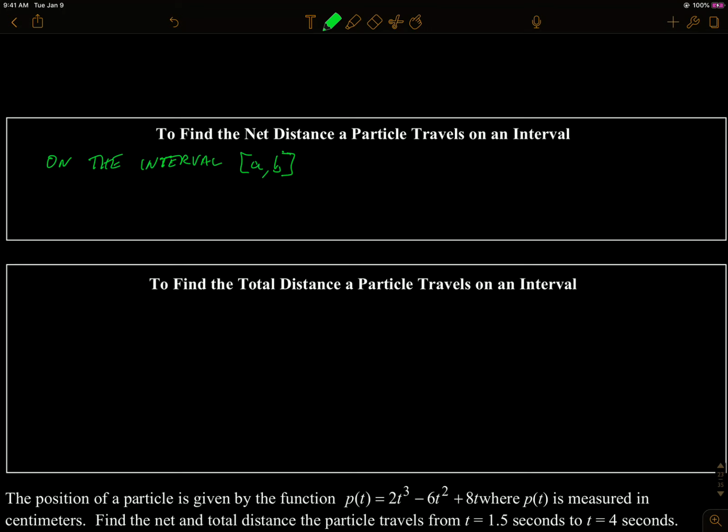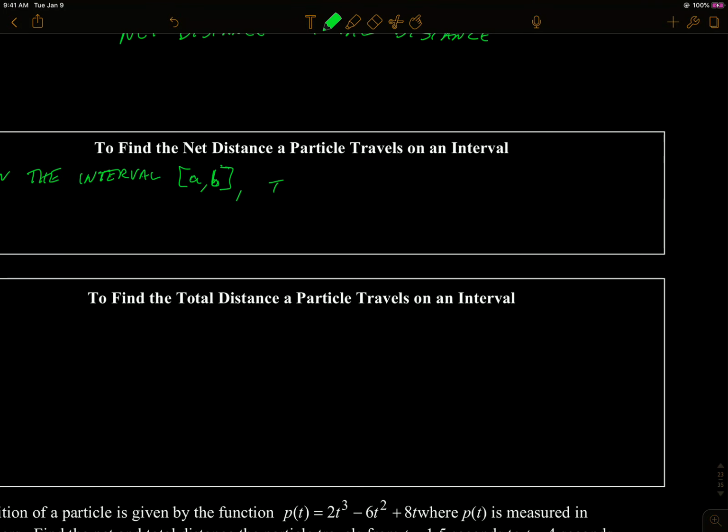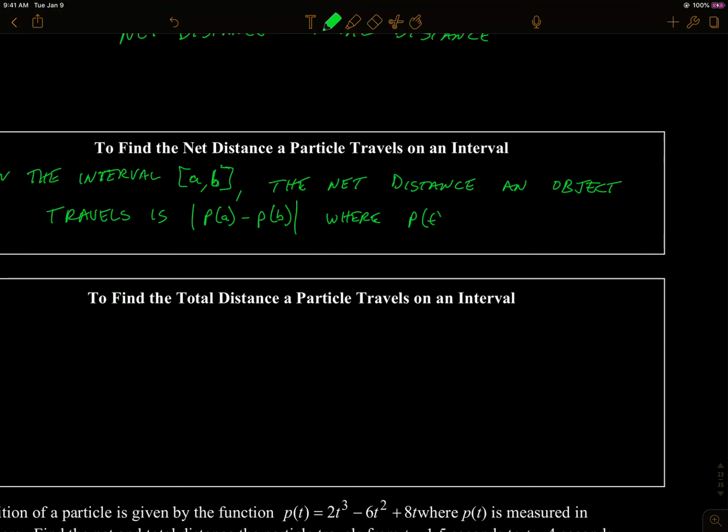On the closed interval A to B, the net distance an object travels is the absolute value, because we're talking about distance here, so we're not going to deal with direction, of P of A minus P of B, where P of T is the position function.